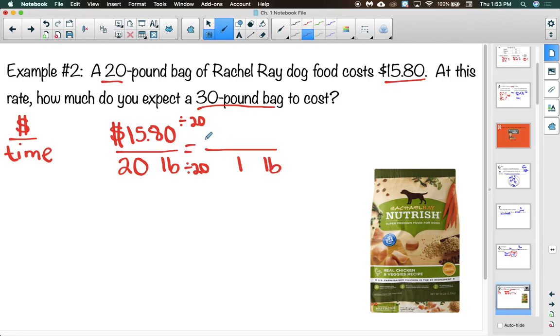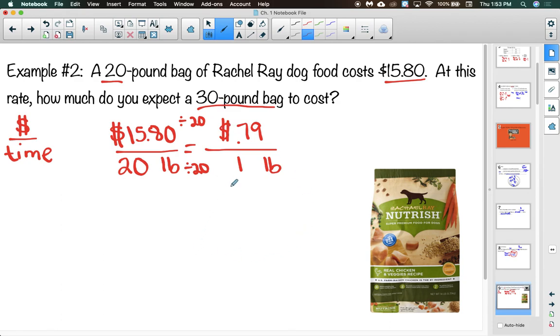And 15.80 divided by 20, I don't want to give you bad information, so I am going to check this in my calculator, is 79 cents. So that is our unit price. Unit price is just a unit rate that relates to shopping.